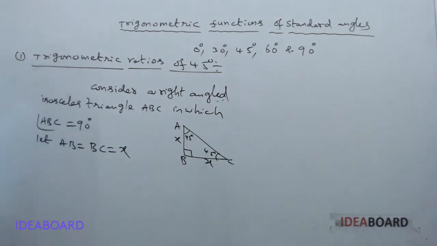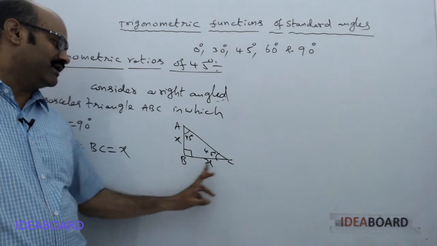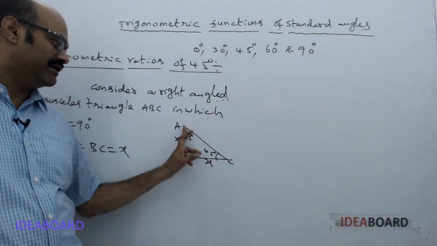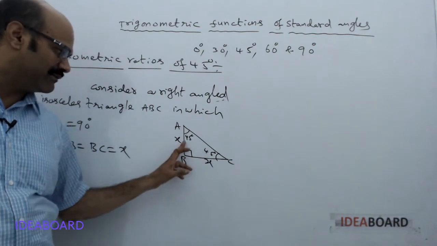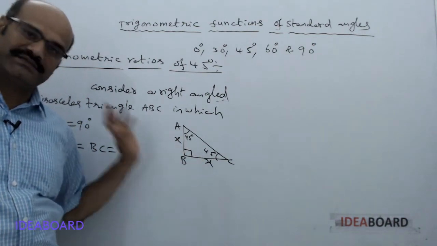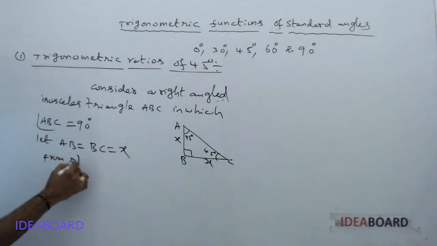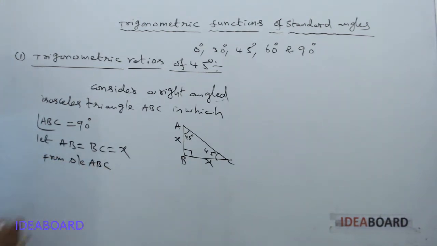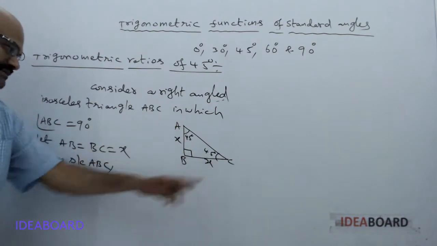Now by using Pythagoras theorem, from triangle ABC we can take square of the hypotenuse is always equal to sum of the squares of remaining two sides. From triangle ABC we have AC square equal to AB square plus BC square.